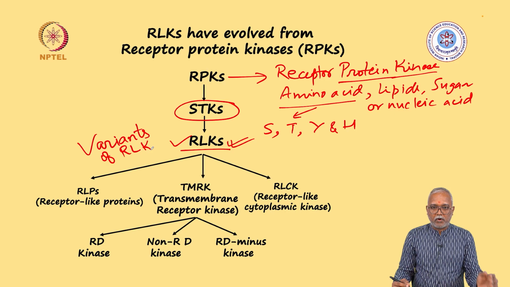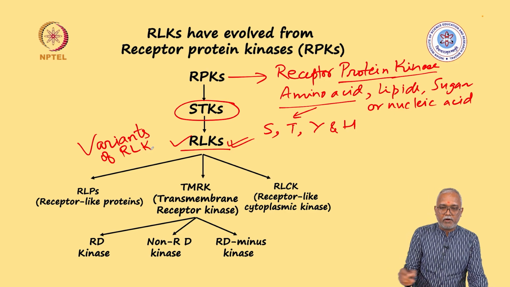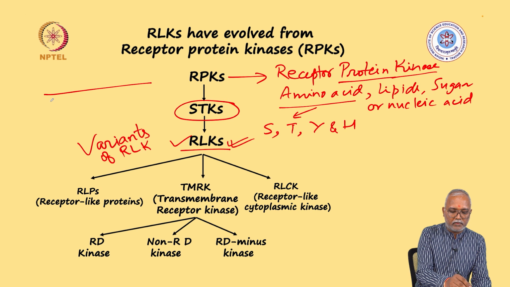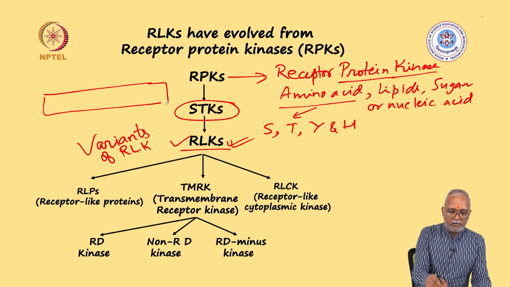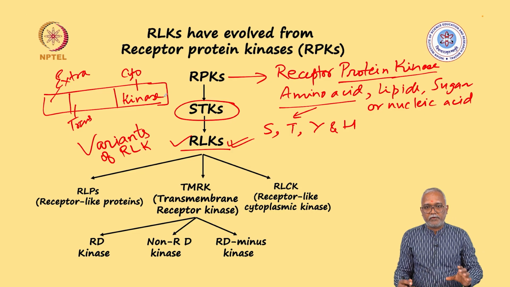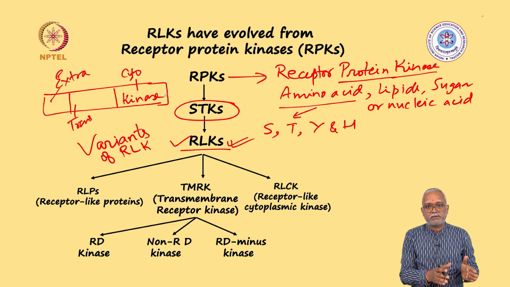What we commonly understand is that any of these receptor-like molecules will have a domain organization: an extracellular domain, a transmembrane domain, and a cytosolic domain which has the kinase activity. So, in a nutshell, you have a minimum of 3 domains on these receptor-like kinases.